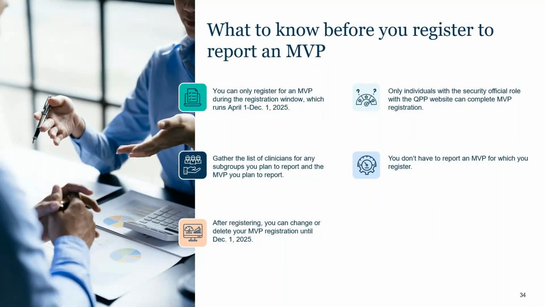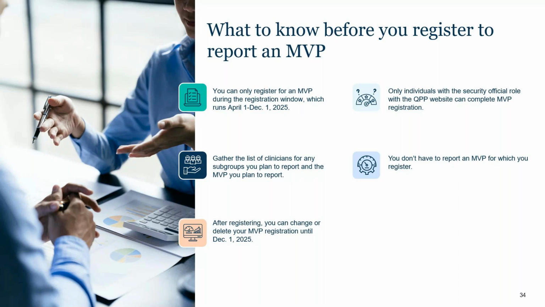So what to know before you register for an MVP? As we mentioned, you can do traditional MIPS and MVP reporting, and CMS is going to give you the best of both scores. But you do need to actually register to report an MVP. CMS has defined for 2025 the time frame of April 1st to December 1st, 2025, as when you can register to report an MVP.